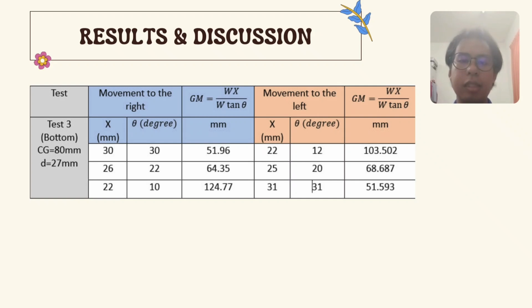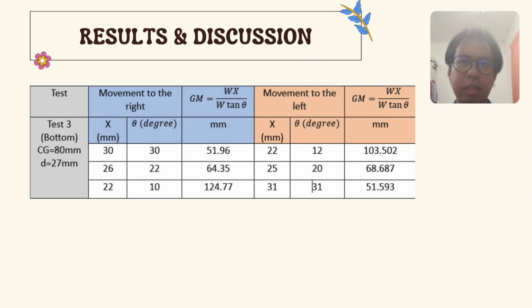For the last part of the discussion, test 3 showed excellent performance across all angles. Right tilts produce GM values from 51.96 mm to 124.77 mm, with stability increasing dramatically at angles below 30 degrees.